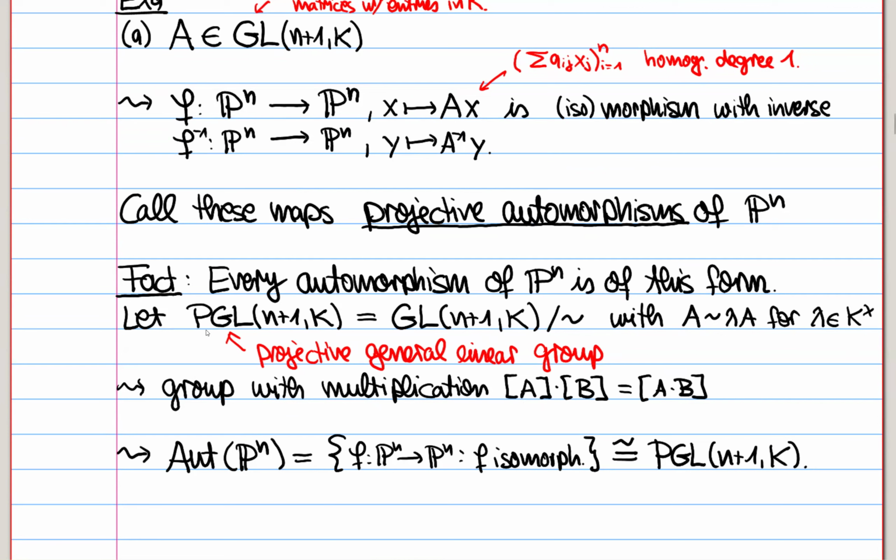So this means there's a map from PGL into the automorphism group, sending A to this automorphism F above. And the big claim here, and the fact which we're not going to prove here, is that this is an isomorphism of groups. So somehow the automorphism group of Pn is exactly this PGL n+1 k.